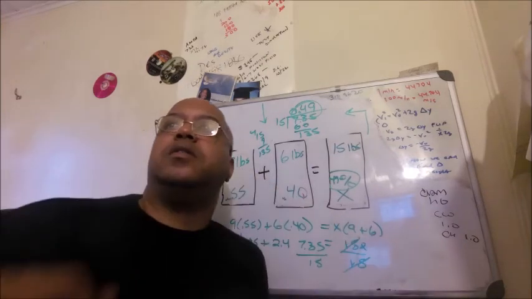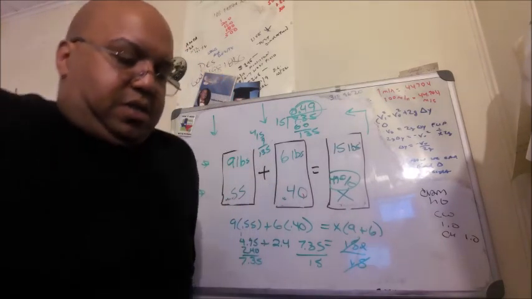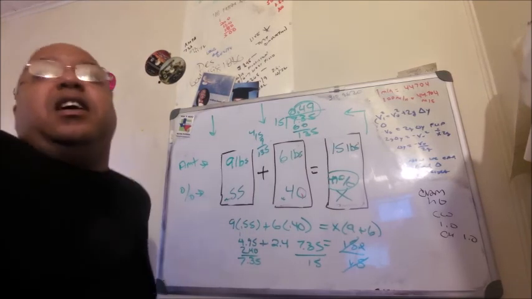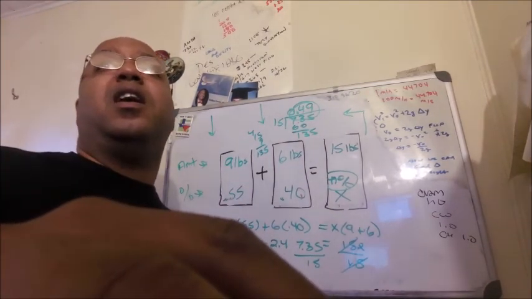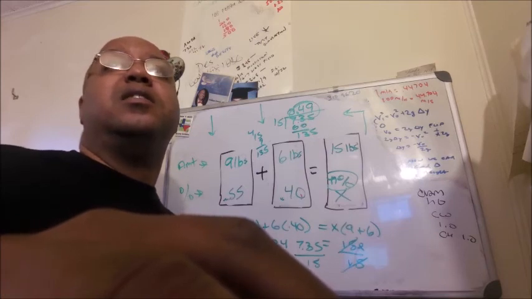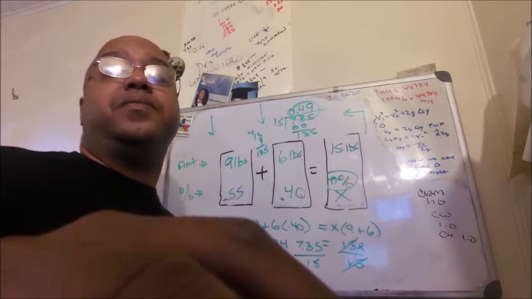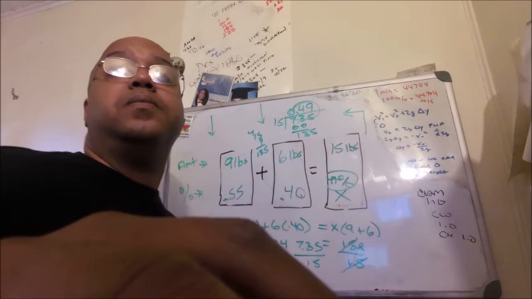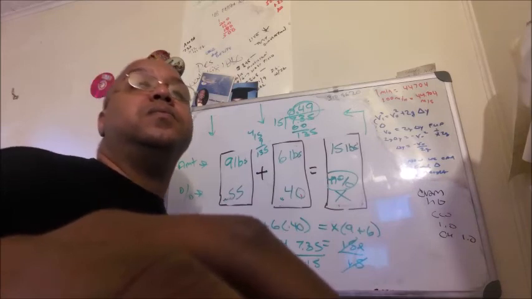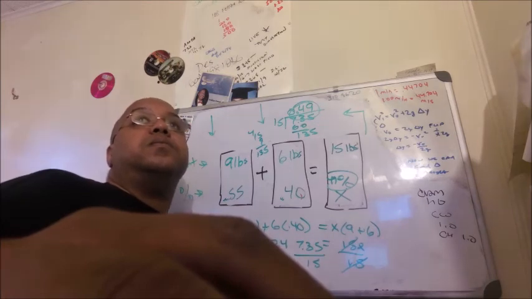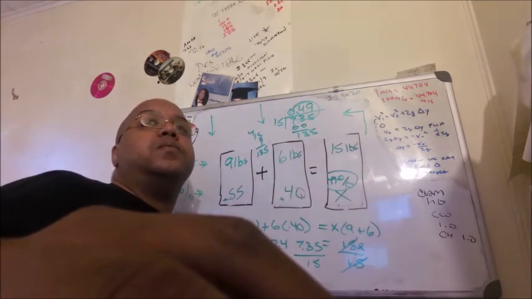So let me go back here. Let's see. 0.02 times 5 should be 0.10. Plus, let's see, 11 times 66 should be 176. Okay, the decimal. 1.76. Okay, add those together. 1.86. 1.86 divided by 16.